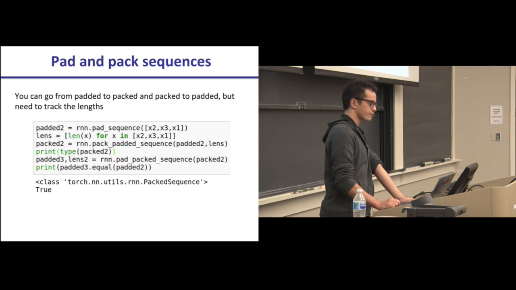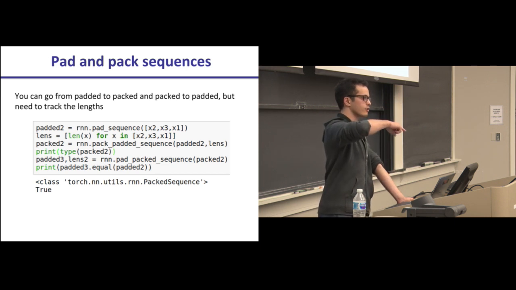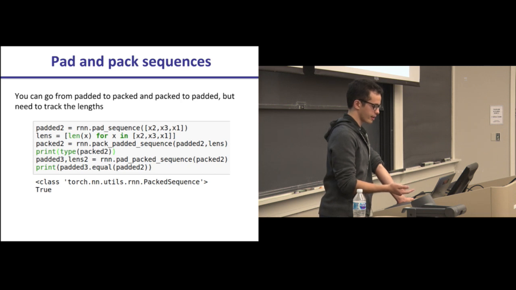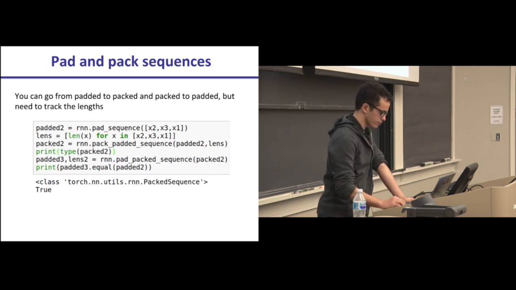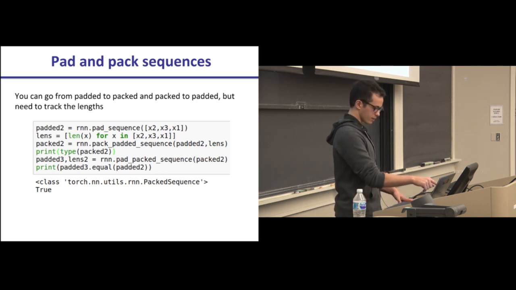The thing is, when you go from padded to packed, you just give PyTorch a tensor, so it can't know the length of your different sequences. So you have to tell it. You keep track of the lengths of all of your sequences, and when you create a packed sequence from a padded sequence, you give it the padded tensor and the lengths.